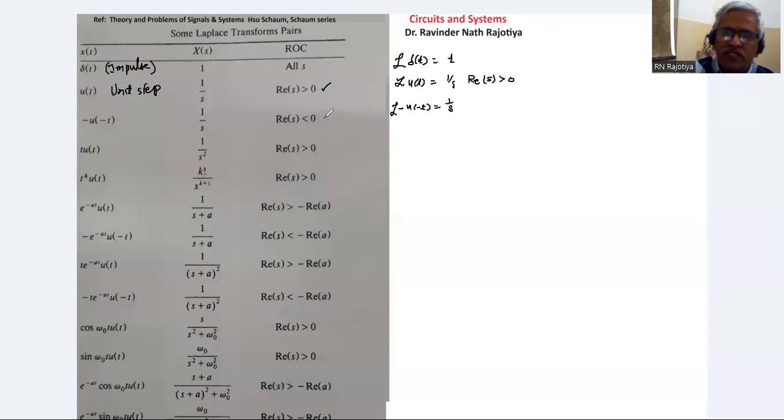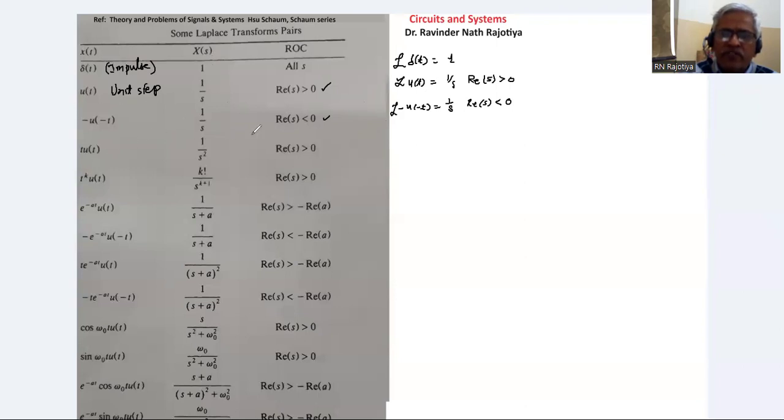But in the second case, the ROC exists for real values of s less than 0. So even though the expressions may be the same, their ROCs are totally different.